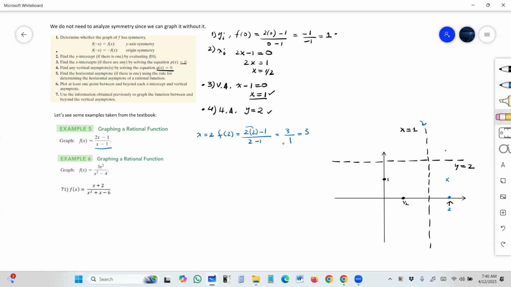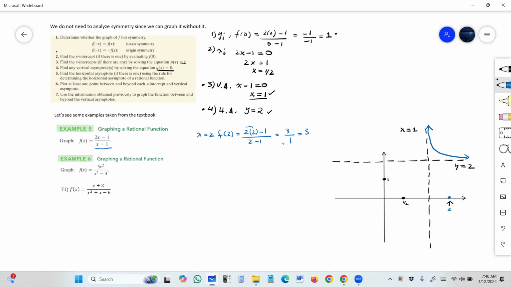All right? Now, because I have an asymptote here and here, I already know the behavior of this function. It's going to be this. I don't need to do anything else. I don't need any other points. This is the graph. Now, why is that?